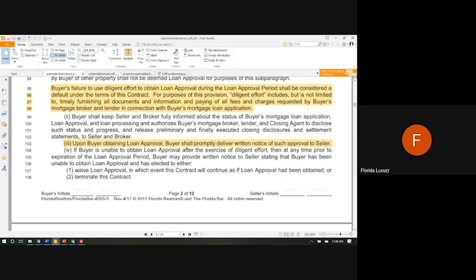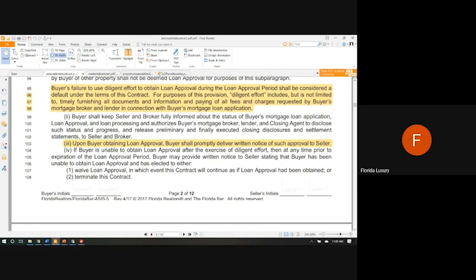In this instance, what this is talking about is just providing documentation to the seller before the end of that loan approval period, saying that the lending is solid. In that case, if you're on day 30 and we're still waiting on something, I would go ahead and do a financing contingency extension to extend this loan approval period. That's always an option.